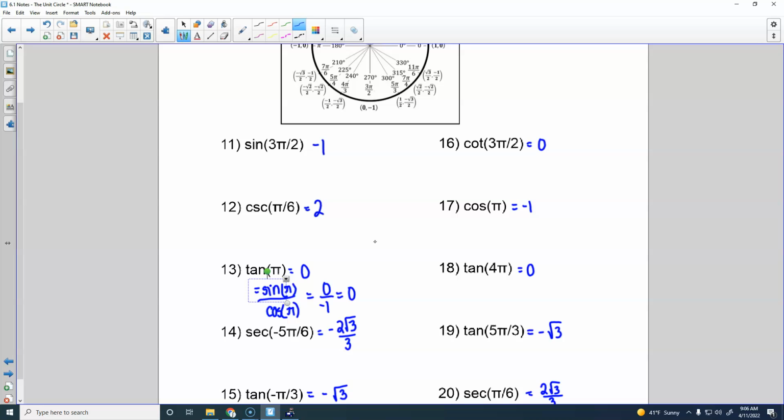Just answer the questions. This one starts off with some in degrees. I didn't do any with degrees, but you're just looking at the degrees instead of the radians on your unit circle whenever you do those. And then it's basically just more practice. So go ahead and work on that for probably about 15 or 20 minutes, and then we'll check those.